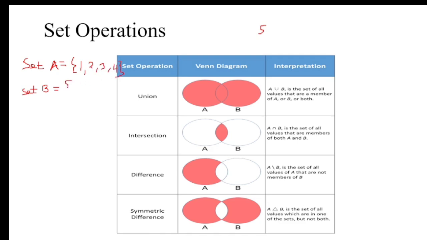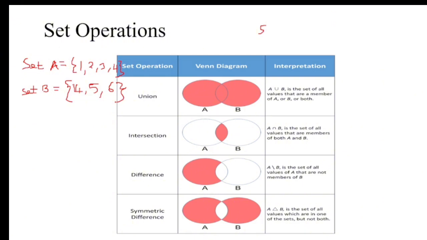And then I have another set, set B, with the values 4, 5, 6. So I have two different sets, and then we have these operations: the union operation, the intersection operation, the difference operation, and the symmetric difference operation.